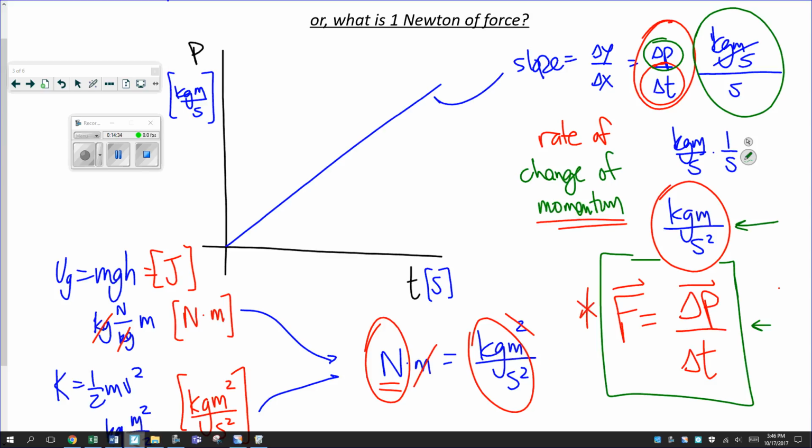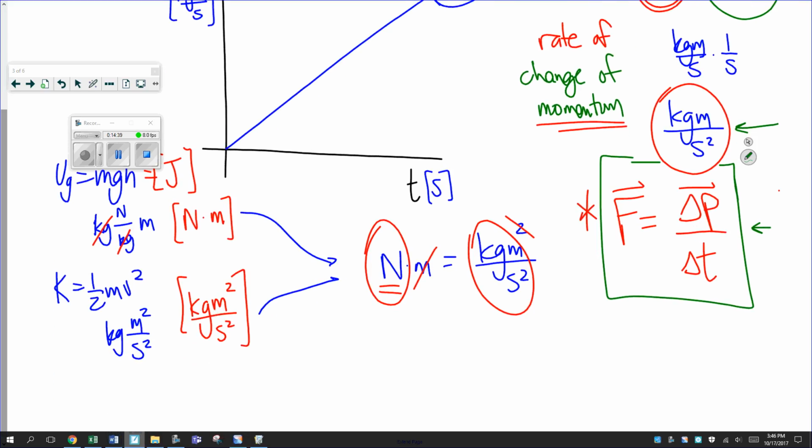That looks something like joules, but that's a newton meter, and we set those equal to a newton. Hopefully we know that force is measured in newtons, like spring force. So a newton happens to be equal to these units, and that's the units of our slope. So that means that the slope is a force.